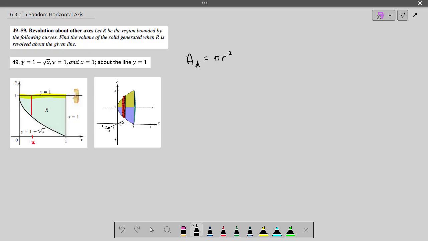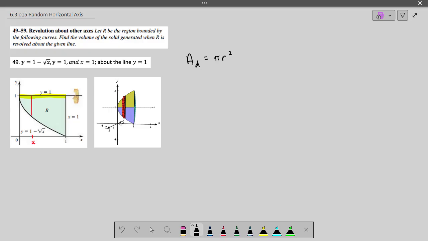So the setup is all the same. The big difference here is that we just have to remember one basic principle. If you're measuring a vertical distance, it's always upper y minus lower y. If you're measuring a horizontal distance, it's always right x minus left x. All we need are those two basic principles. The general formulas are all going to be the same.